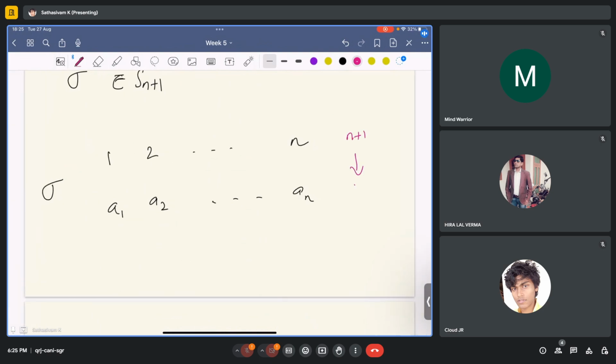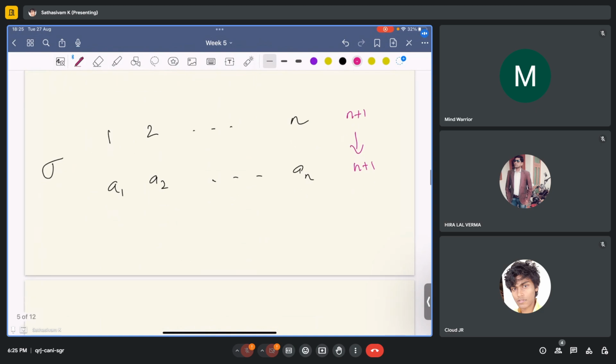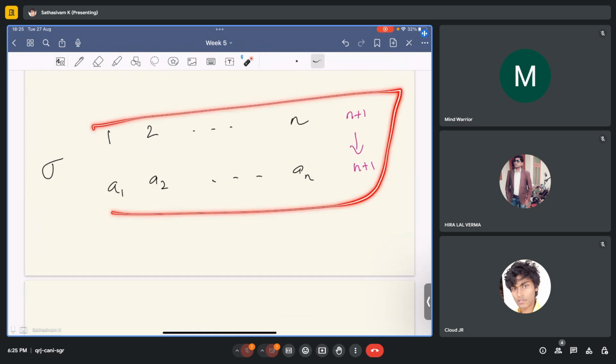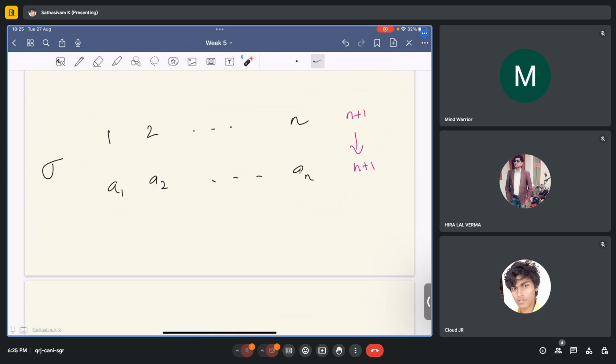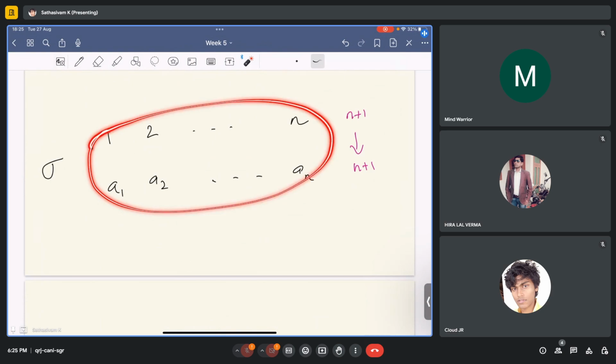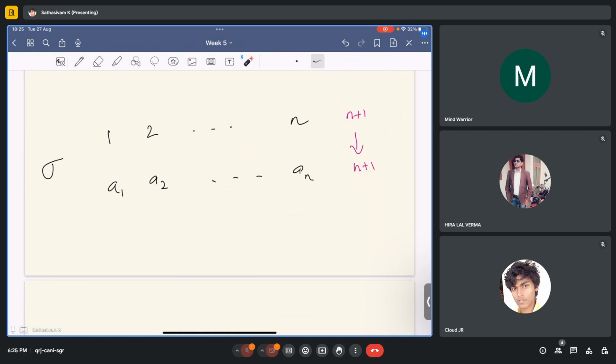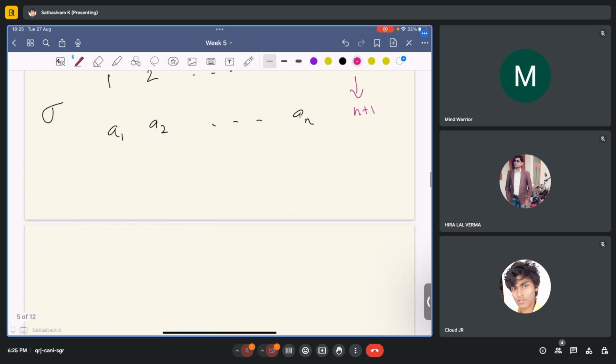So map this n plus 1 to n plus 1 itself. Now you can see the sigma as a permutation of Sn plus 1. Whatever comes here, this sigma acts only in this way, and n plus 1 is kind of fixed.